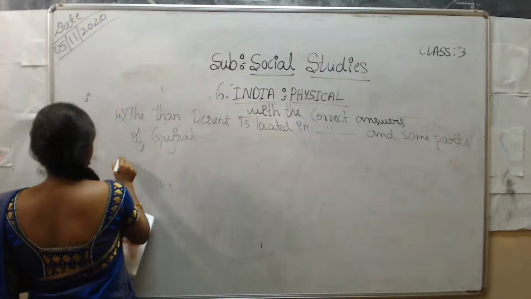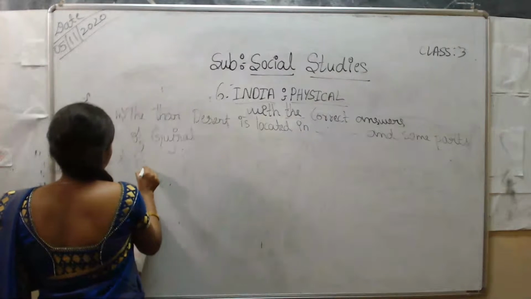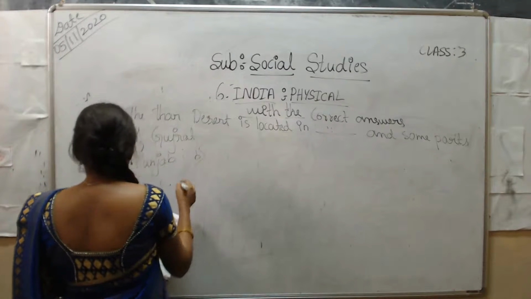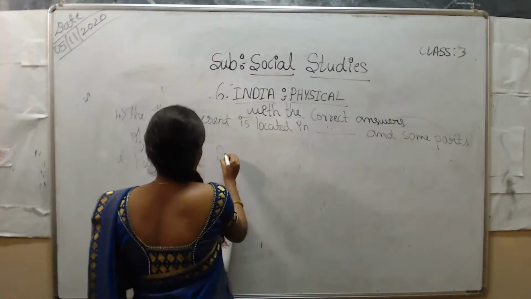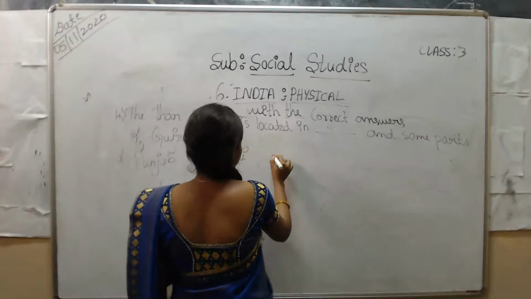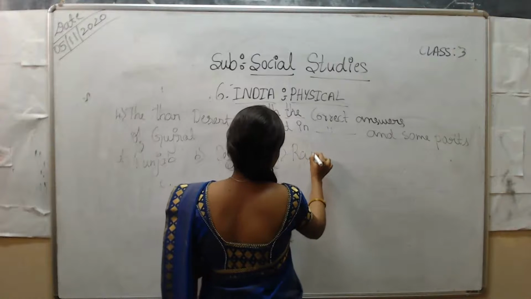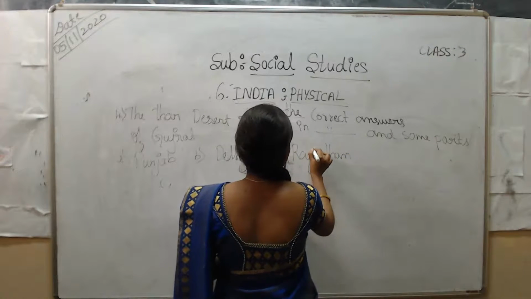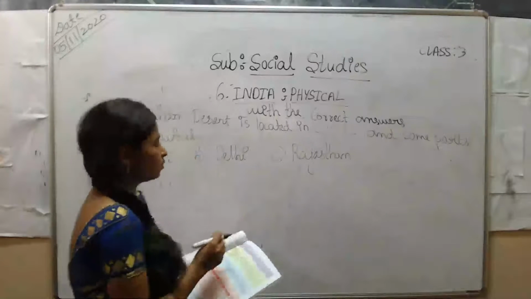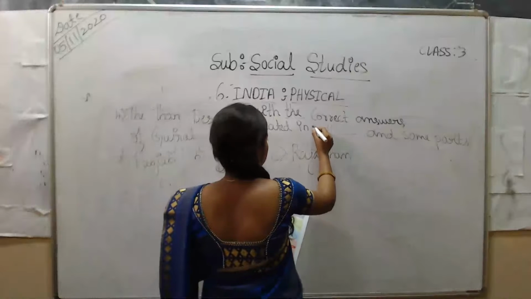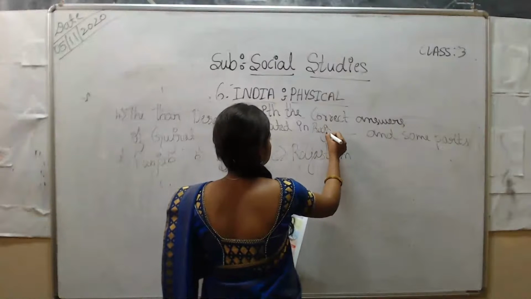Option A, Punjab. Option B, Delhi. Option C, Rajasthan. Yes, which is the right answer? Where can you observe this desert area? Yes, C is the right option, that is Rajasthan.